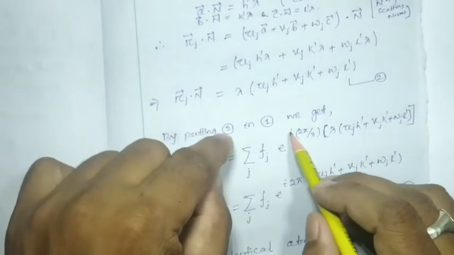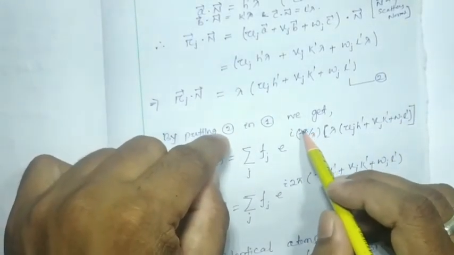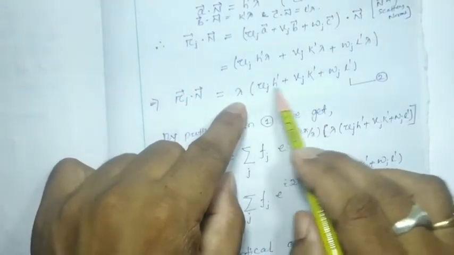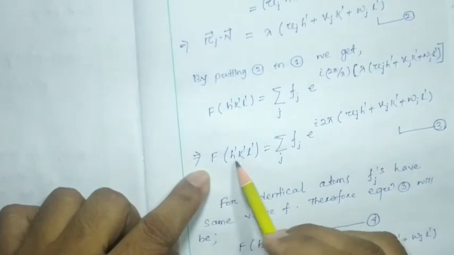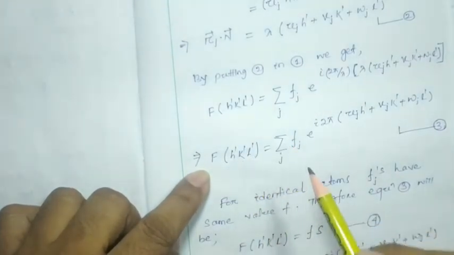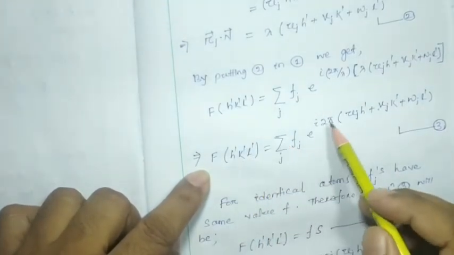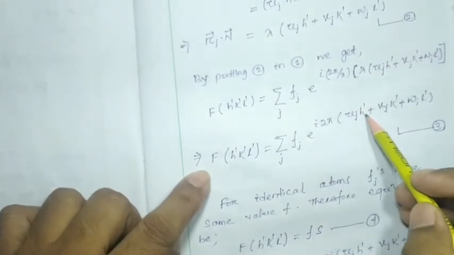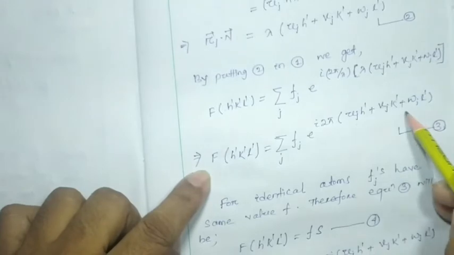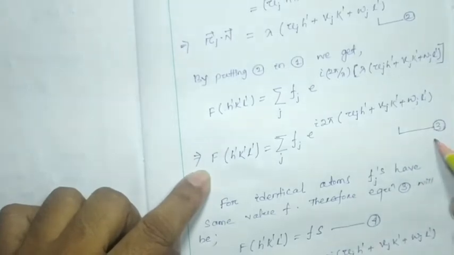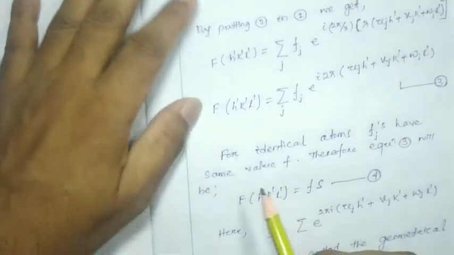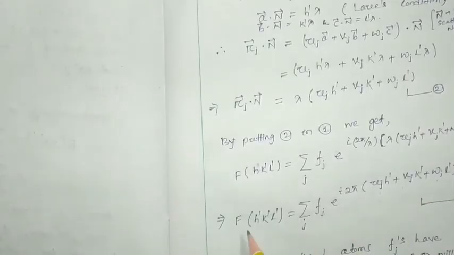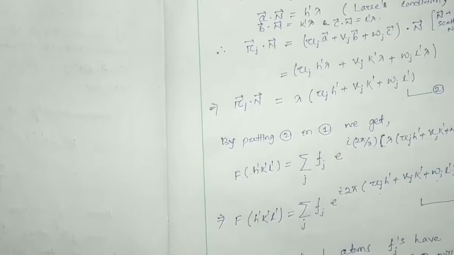That implies f h dash k dash l dash will be equal to summation over j fj e to the power i 2 pi, lambda gets cancelled, uj h dash plus vj k dash plus wj l dash. Let this be equation number 3.